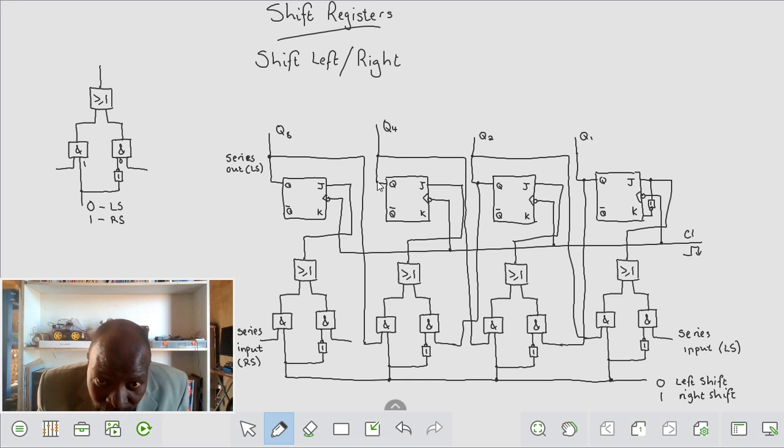That there comes out and feeds the next one, and then our output comes out. So this here now I can safely say is our Q1, our series out for the right shift.